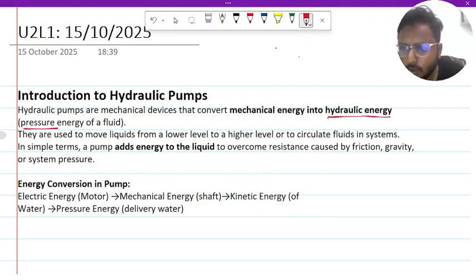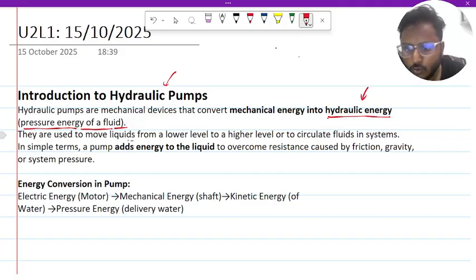How this pressure energy can be attained, we will discuss one by one from the classification of different hydraulic pumps. Okay, so the method to create hydraulic energy will classify the hydraulic pumps.